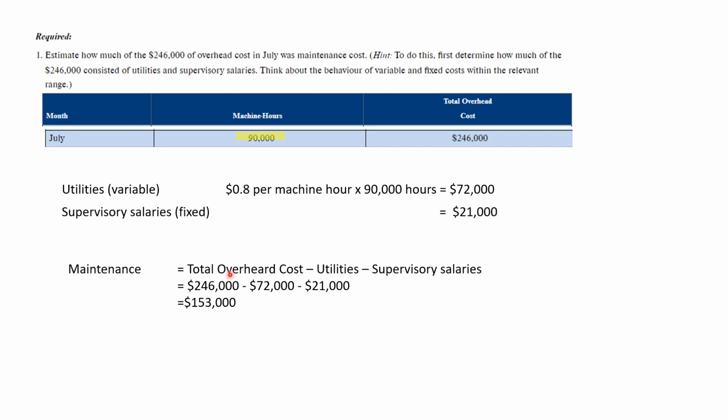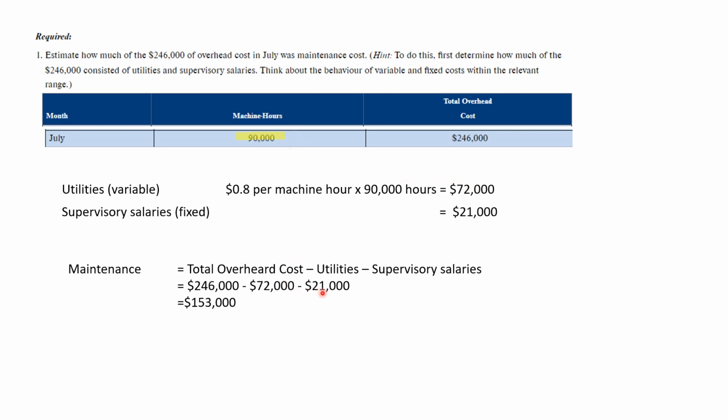So to figure out the maintenance cost, we're going to take our total overhead cost minus our utilities cost minus our supervisory salaries cost. So we're going to take our total overhead cost of $246,000, which was given to us. We're going to minus our $72,000 of utilities cost, which we figured out by determining the variable cost per unit, multiplying it by our machine hours in this month to figure out our utilities for the month.